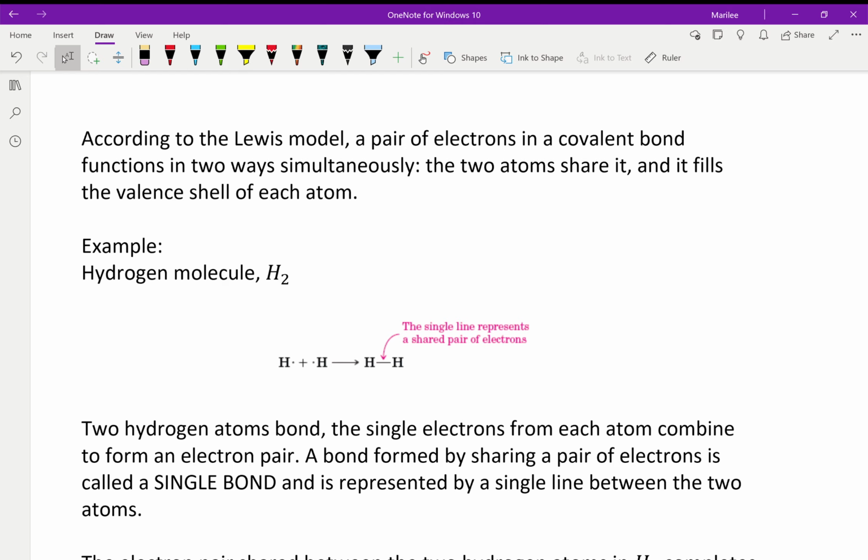And we know for the first shell it's 2, right? So if I redraw this, hydrogen has 1 and another hydrogen has 1. So that would become hydrogen like this. So both hydrogens, their outermost shell is filled by sharing the 2 electrons.